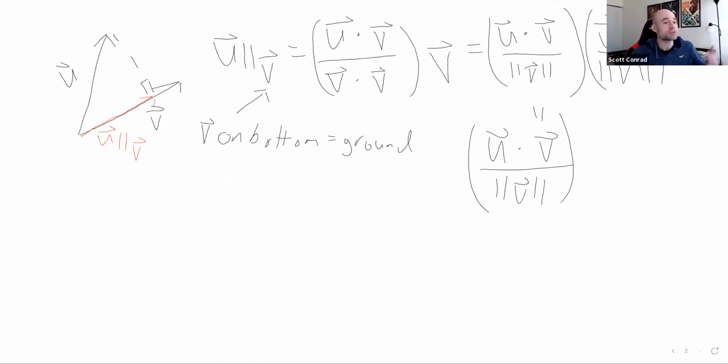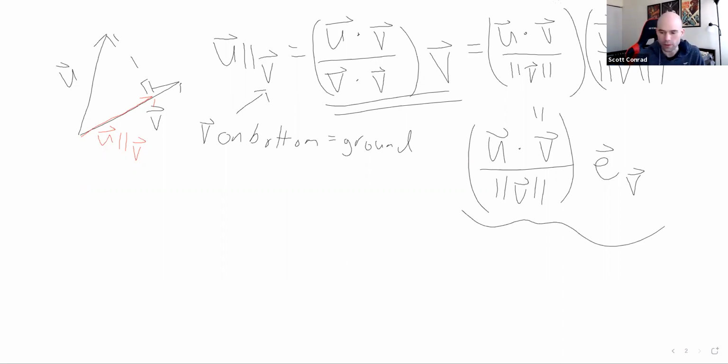And this V over magnitude V is the unit vector pointing in the direction of V, right? Remember, the way you take a non-zero vector and turn it into a unit vector pointing in the same direction is you divide by its magnitude. We write that as E sub V, using E for unit vector. So that's a unit vector pointing in the direction of V. You can remember this formula if you like, but this is the way you want to think of it.